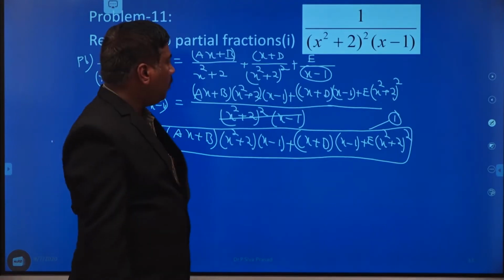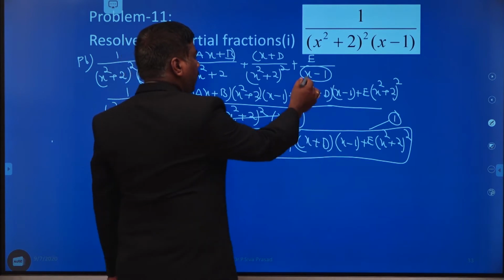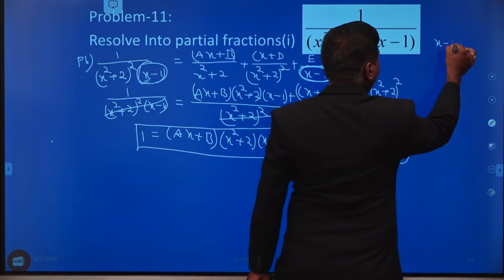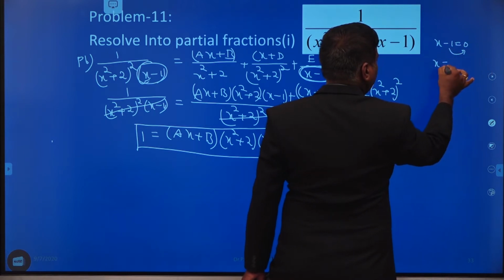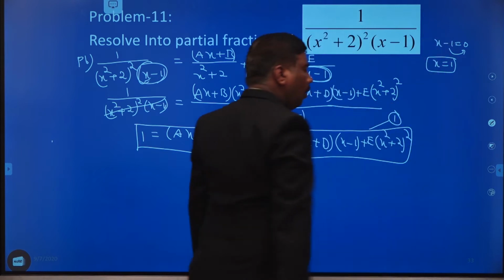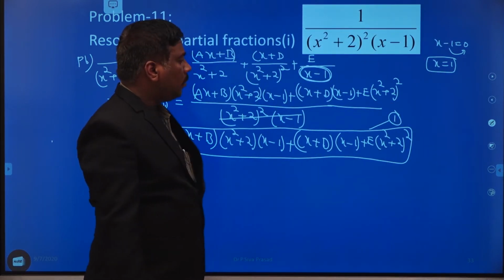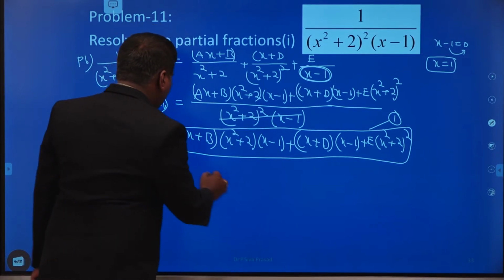Now we have to find the value of e. In the denominator of e we have x minus 1, so put x minus 1 equal to 0. That means bring this 1 to this side, then x equals 1. Therefore, in the first equation, substitute x equal to 1, and automatically we will get the value of e.